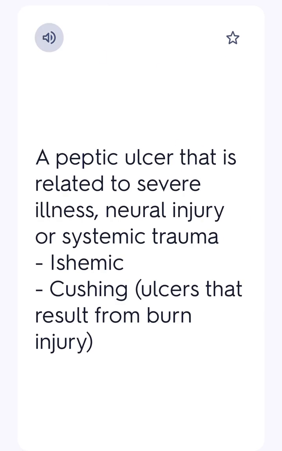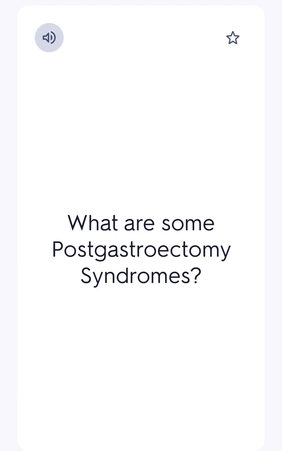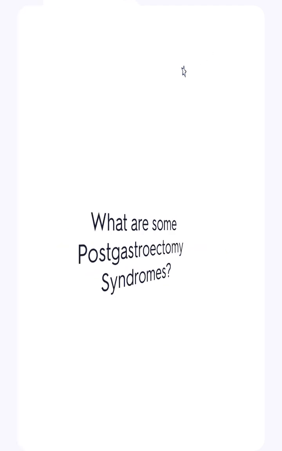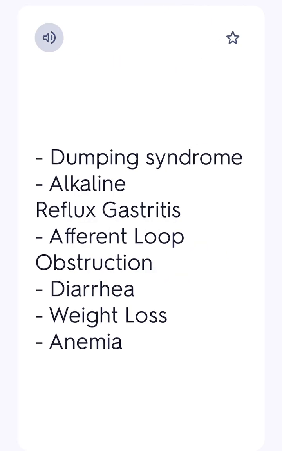A peptic ulcer that is related to severe illness, neural injury or systemic trauma, ischemic, Cushing. What are some post-gastrectomy syndromes? Dumping syndrome, alkaline reflux gastritis, afferent loop obstruction, diarrhea, weight loss, anemia.